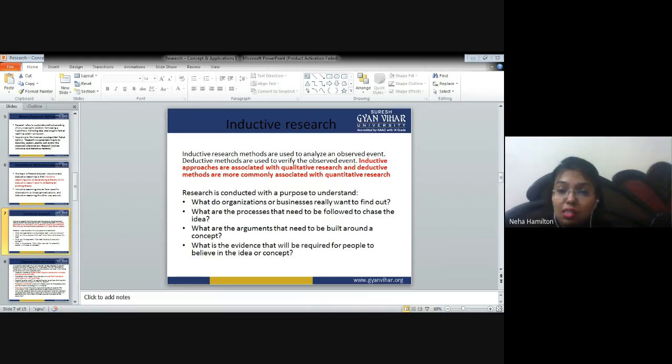See, because inductive research is a novel research, an exploratory kind of research, we are not clear of the hypothesis or the variables. That's how inductive approaches are associated with qualitative research.